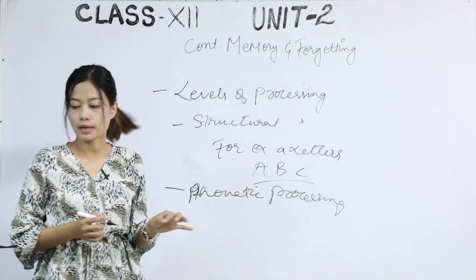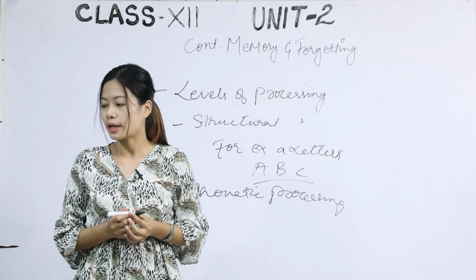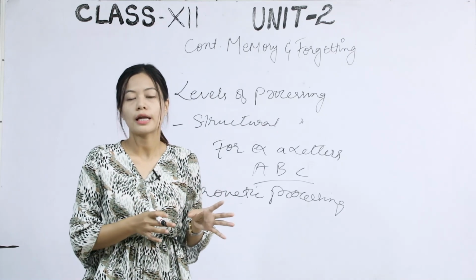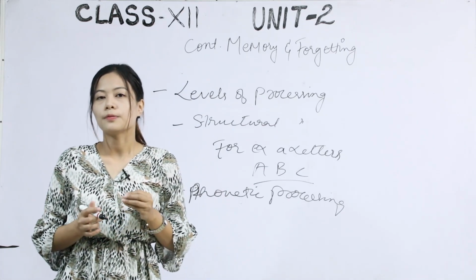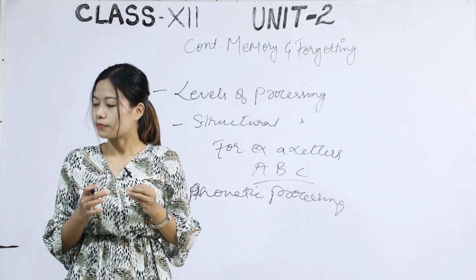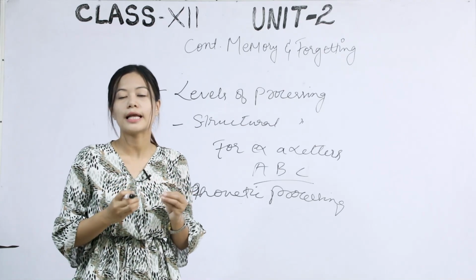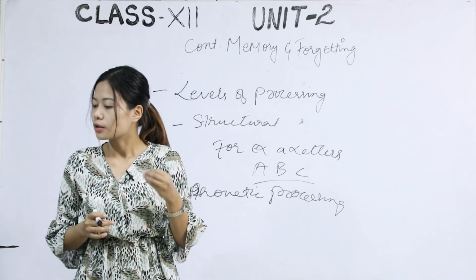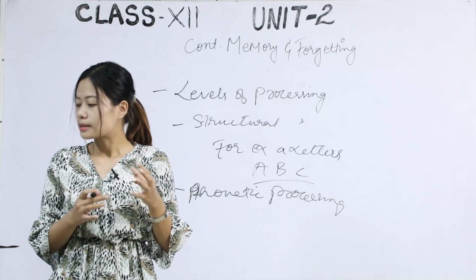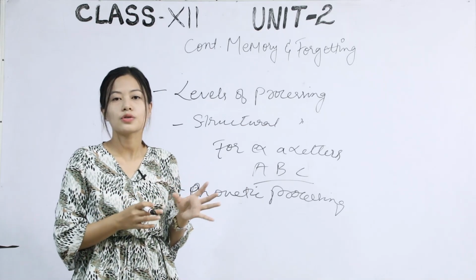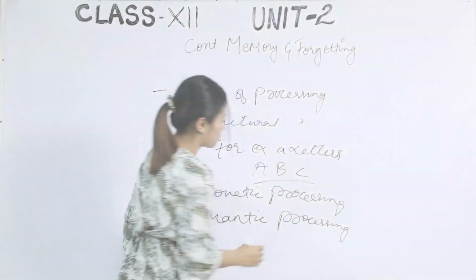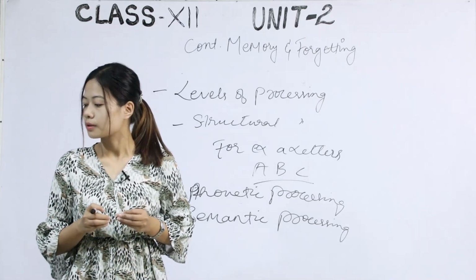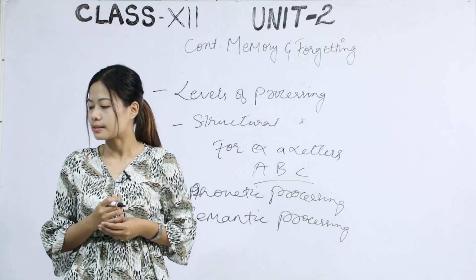Returning to the same example of remembering a restaurant, say the name is in another language, that is Vermicelli. If you have processed the name of the restaurant in phonetic processing, you can think that it starts with V and ends with belly.